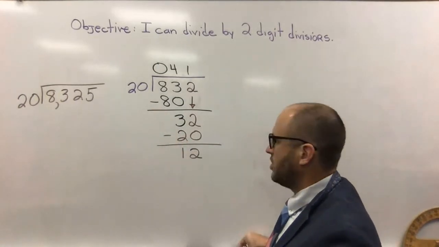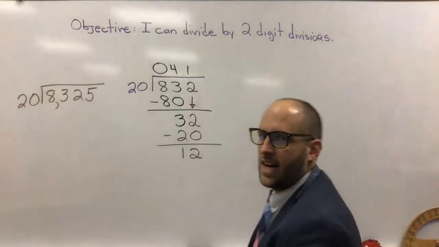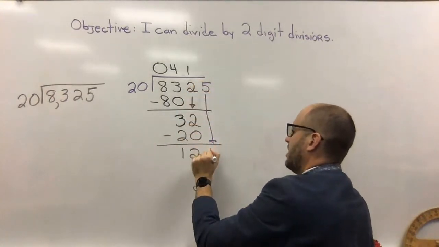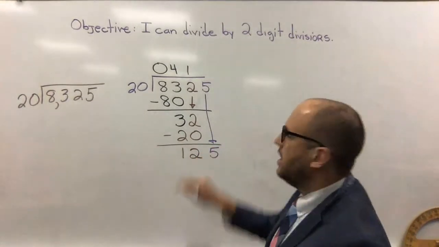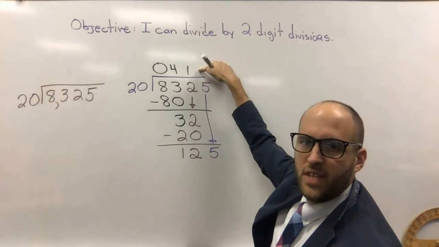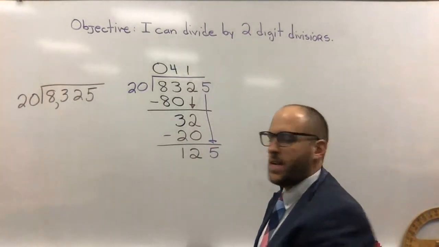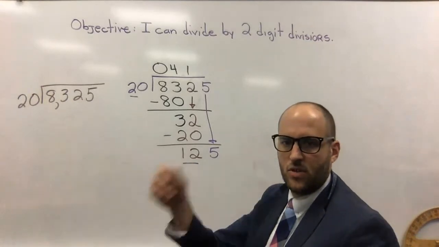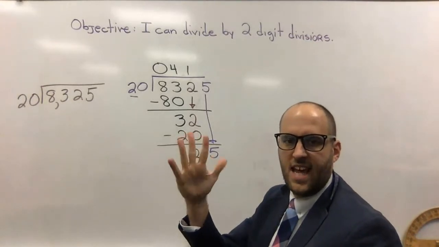So that lets us go to our last digit, 5. And notice if you've been writing everything correctly in your quotient, we only have one number left here to bring down. So now because it's a 3-digit number, I look at my 2, I look at my 12, and I skip count by 2s. 2, 4, 6, 8, 10, 12.